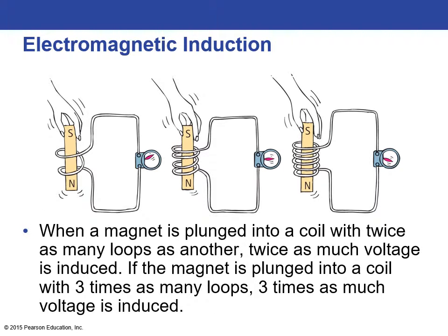And as we just mentioned, the more coils that you have, the more voltage that you will produce as you move the wire and the magnet past each other. So if you have twice as many loops, you're going to have twice as much voltage. If you have 3 times as many loops, you're going to have 3 times as much voltage.